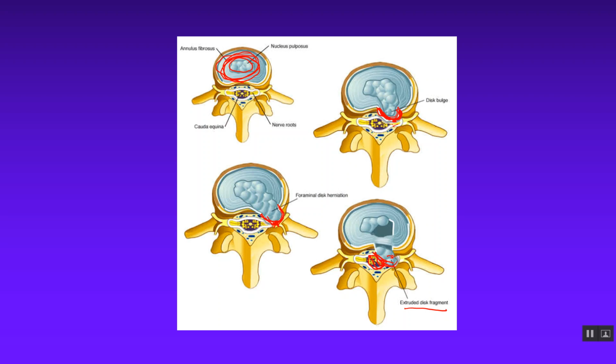The disc is always going to bulge a little bit more to one side or the other, and it usually does more of a lateral herniation because the disc is weaker more laterally. But eventually, some people get more of a straight posterior bulge, or as the disc fragment gets extruded and breaks off, it can migrate and start pushing on the cord. And this only happens in the cervical spine, because in the lumbar spine, there's lots of room.